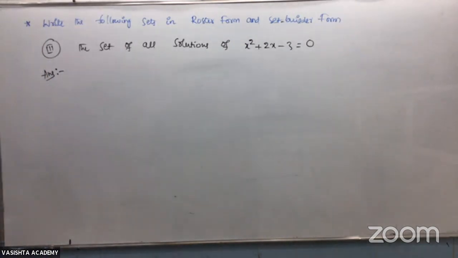Vishal, check your answer once. Yes, we can write it in set builder form. Minus 3 comma 1 is the answer.